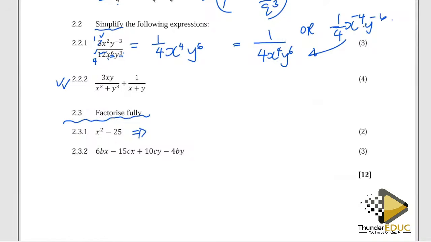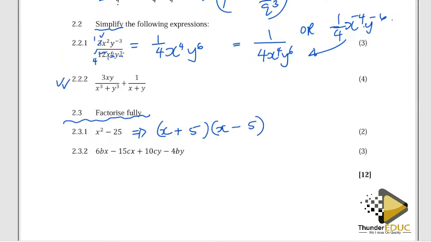In this case, we have two terms, x squared and 25. We can automatically sense that this is a difference of two squares. With the difference of two squares, we only need two brackets. Square root of x squared is x. Square root of 25 is 5. And then x and 5, and then just put the signs, x plus and then a minus. The order does not matter. So that's our answer.